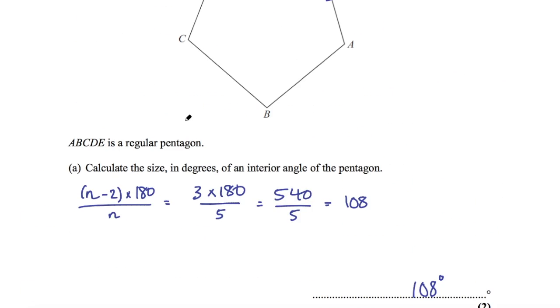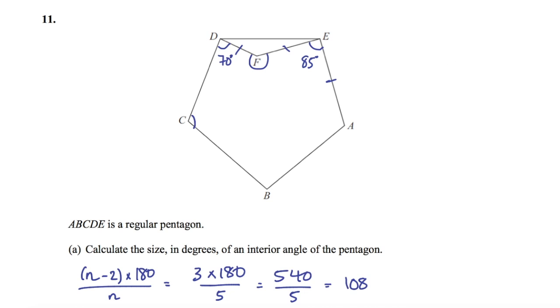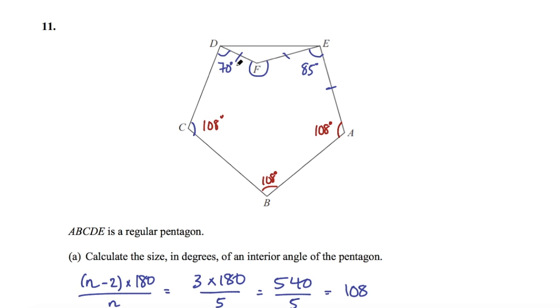And now we know all of these angles in here. This is 108, this one's 108, and this one's 108 degrees. And we know these two. So we need to add up all of those 5 angles and take them away from 720 to get F.